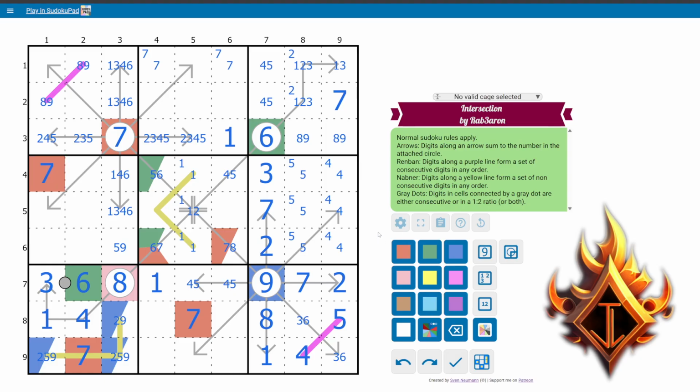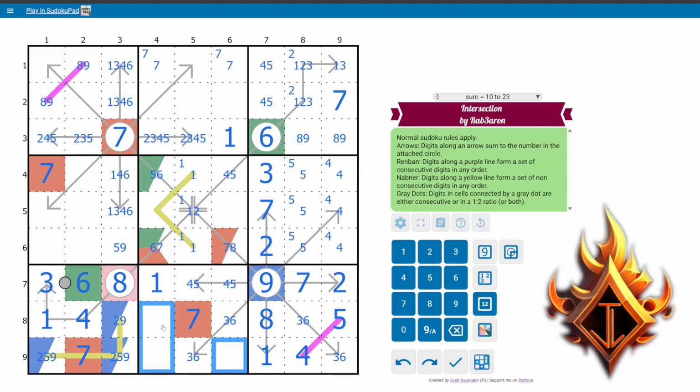Might as well keep going with that. So this cannot be 7-2, cannot be 5-4, cannot be 8-1. It is 3-6. And then we'll have 2, 8, 2, 8, 9. Okay, so 2, 9.